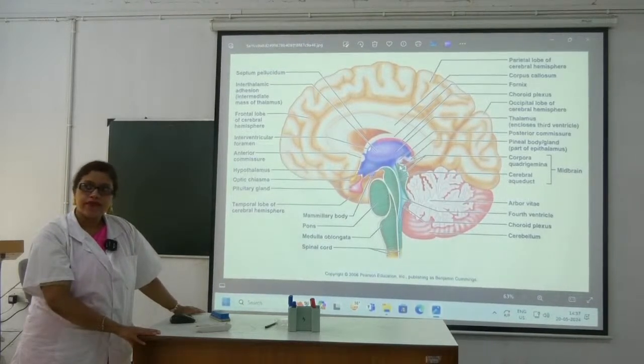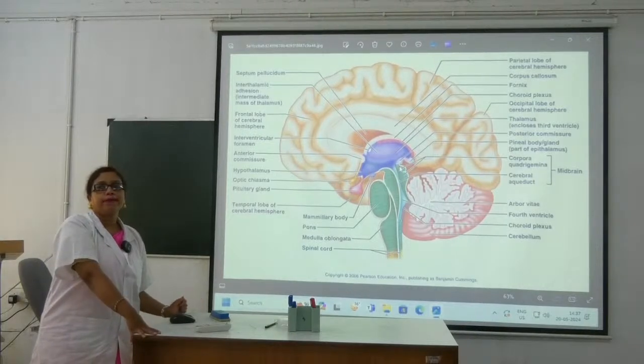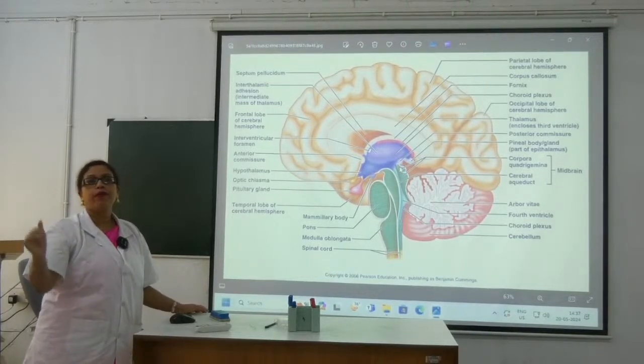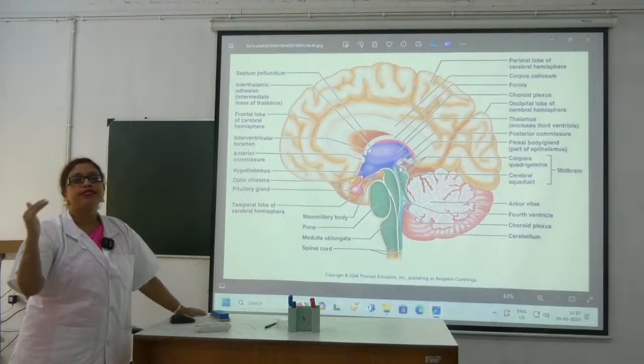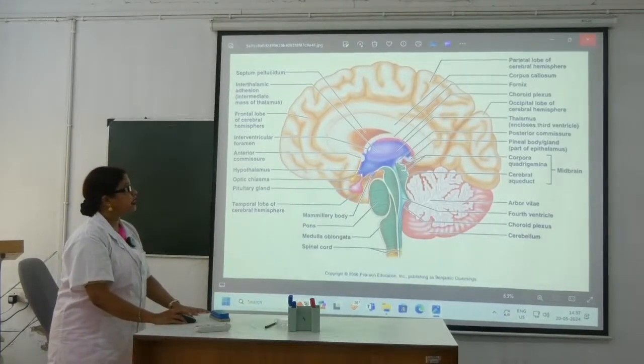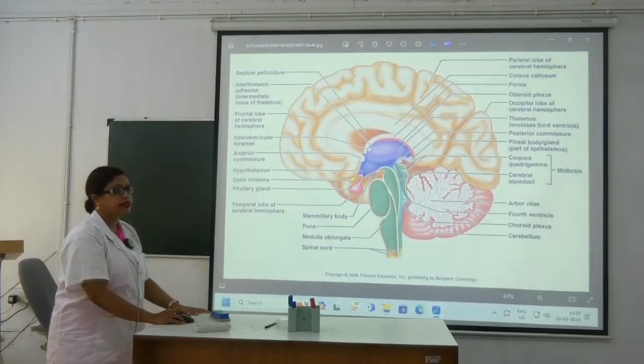Falx, okay, falx cerebelli. Any other dura mater? Now write it down. There is one dura mater which is separating very nicely. See over this area. This is the occipital lobe, isn't it? This is the cerebellum.